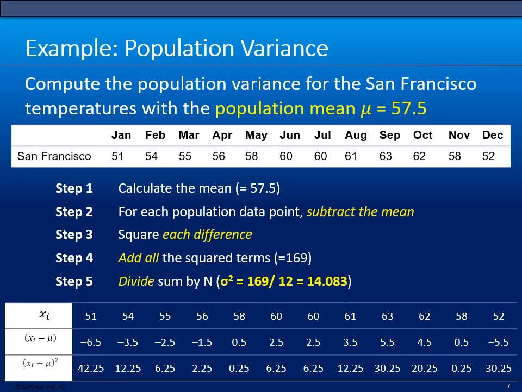We divide that sum by the population. In this case, we were doing all the months, so the population is 12, and so we get the variance equals 14.083.